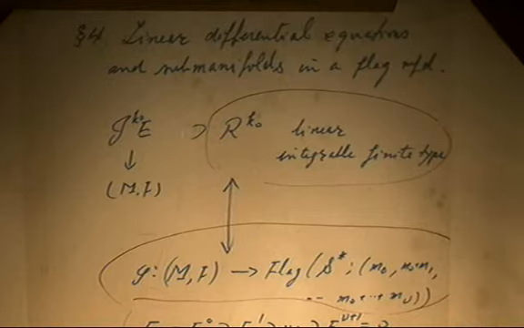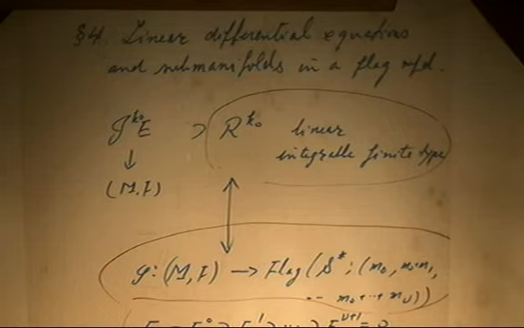So the first thing I'd like to say is that the linear integral finite type differential equation and some embedding or submanifold of a filtered manifold into the Frag manifold is, in a sense, a nice one-to-one correspondence.